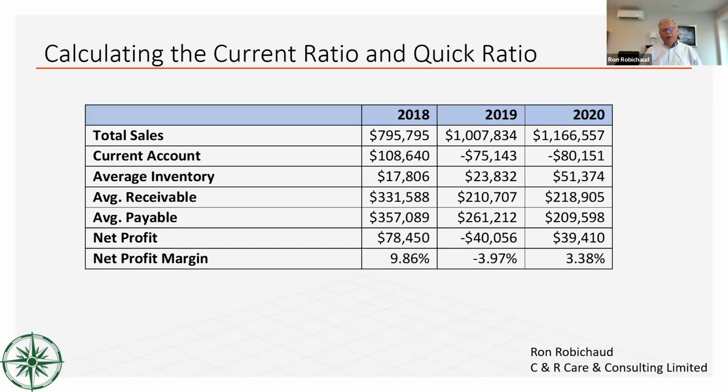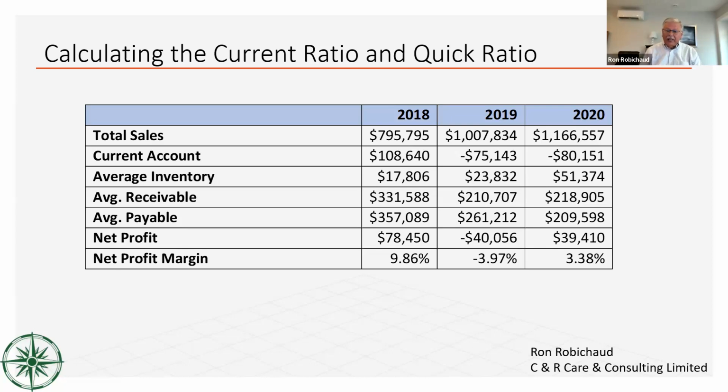Look at it this way: if people aren't paying you, your accounts payable go up because you don't have the cash to pay what you owe. In 2019, accounts payable were 261, and in 2020 they were 209. When your accounts receivable are lower than what you owe, that is also an indicator of a problem in the company. Money's not coming in quickly to pay that down, so you're getting into trouble.